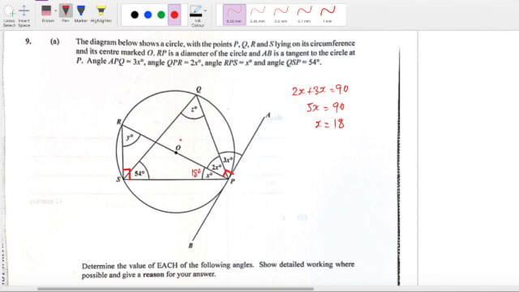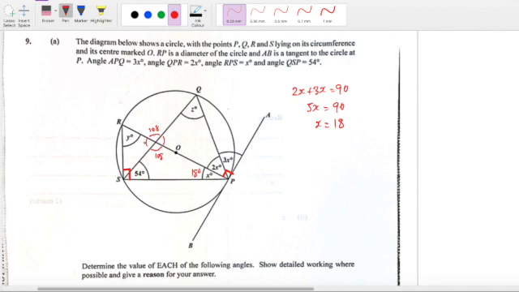I'm guessing I had to work out y and z, right? So if this is 54 and this is 18, I could work out this. That'll be 54 plus 18, which is 72, so 180 minus 72 is 108. So this will be 108, and remember, these two are the same, right?